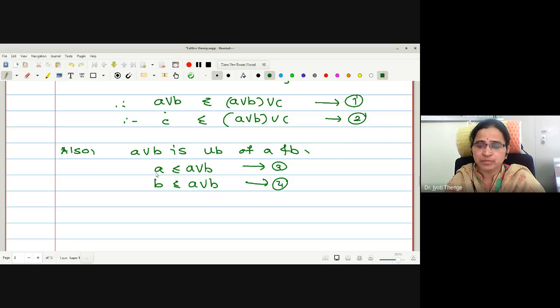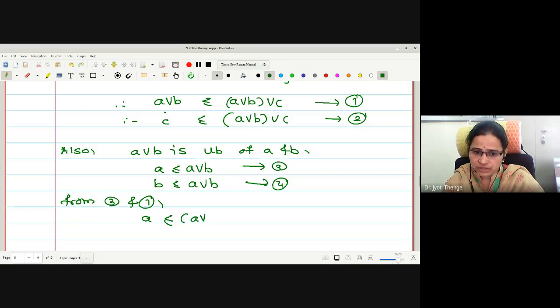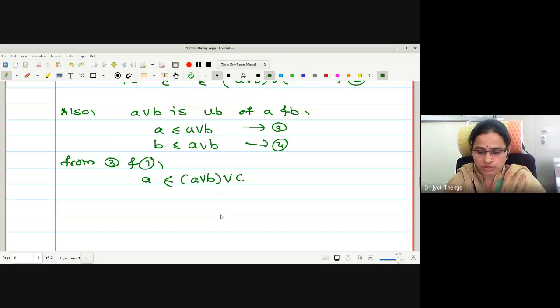Therefore, may I write A precedes this number, A join B join C. From 3 and 1, may I write directly A precedes A join B join C. Let me call it number 5. And the property we have used is transitivity. Correct? The property we have used is transitivity.